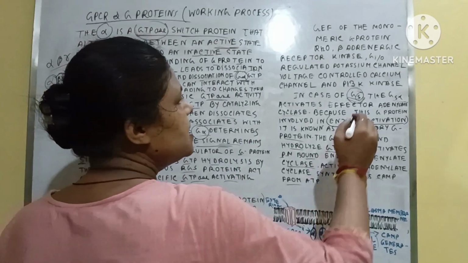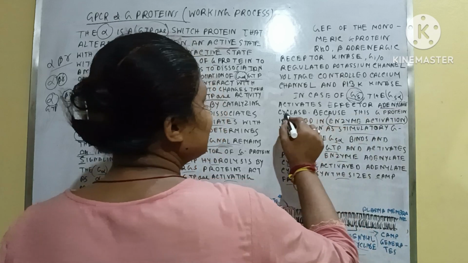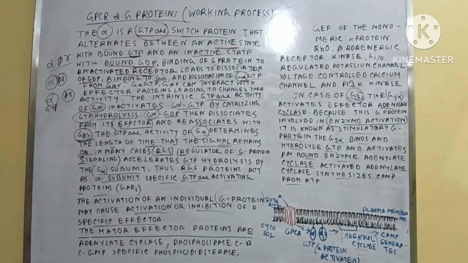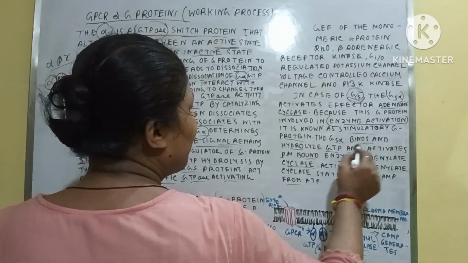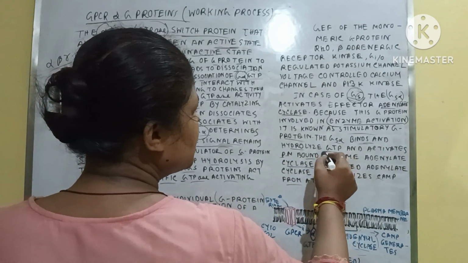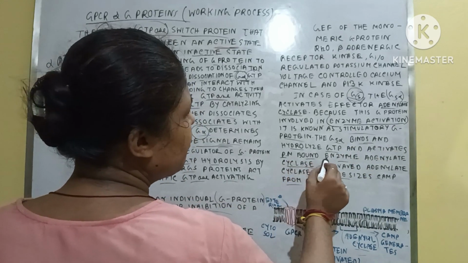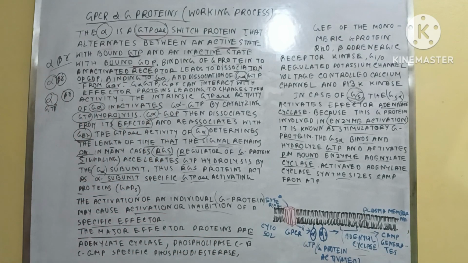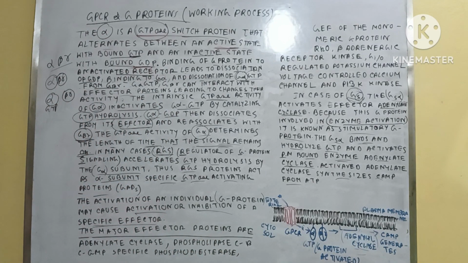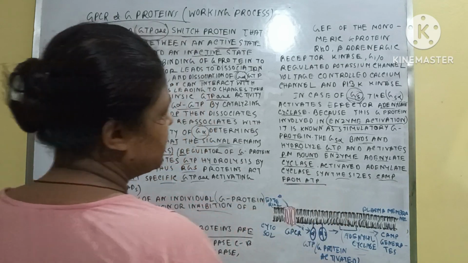So Gs alpha first activates adenylate cyclase, and here the Gs alpha binds to GDP and hydrolyzes, and activates the plasma membrane bound enzyme adenylate cyclase. And this adenylate cyclase synthesizes cAMP from ATP.